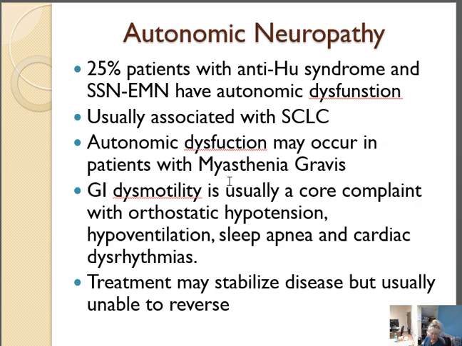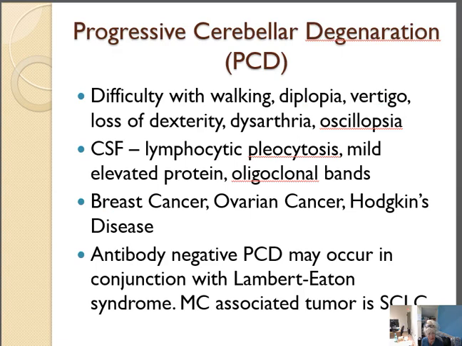This also can occur in patients with myasthenia gravis. GI dysmotility is a core complaint, along with orthostatic hypotension, hypoventilation, sleep apnea, and cardiac dysrhythmias. But we cannot reverse some of these if they've already progressed.